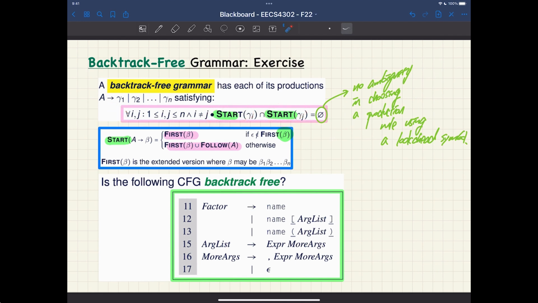Can you find such a weakness? If you can, that means this grammar is not backtrack free. If you cannot, then it will be backtrack free. That's the story. All right? I'll give you just 1 minute to at least understand what the problem is. This is what you will typically be given, and these 2 are what you're supposed to know. Okay? Just to be sure.